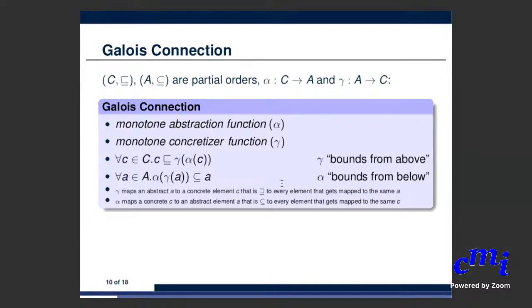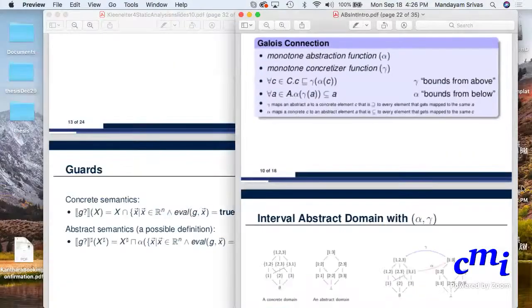And the criterion is, if you do that, then the abstract interpretation algorithm guarantees that the invariant you get will always be an over-approximation, and therefore it is safe.